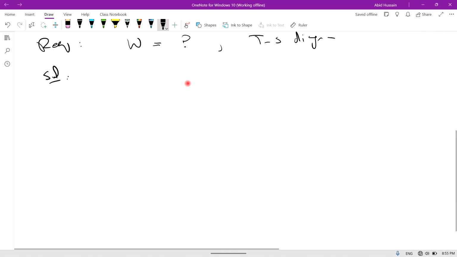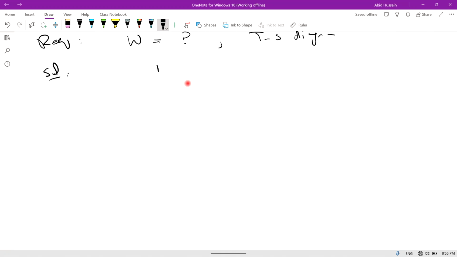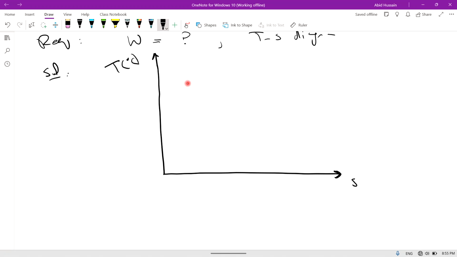In the solution, first we draw the TS diagram. Temperature in degree centigrade and entropy in kilojoule per kilogram per Kelvin. This is the saturation curve.